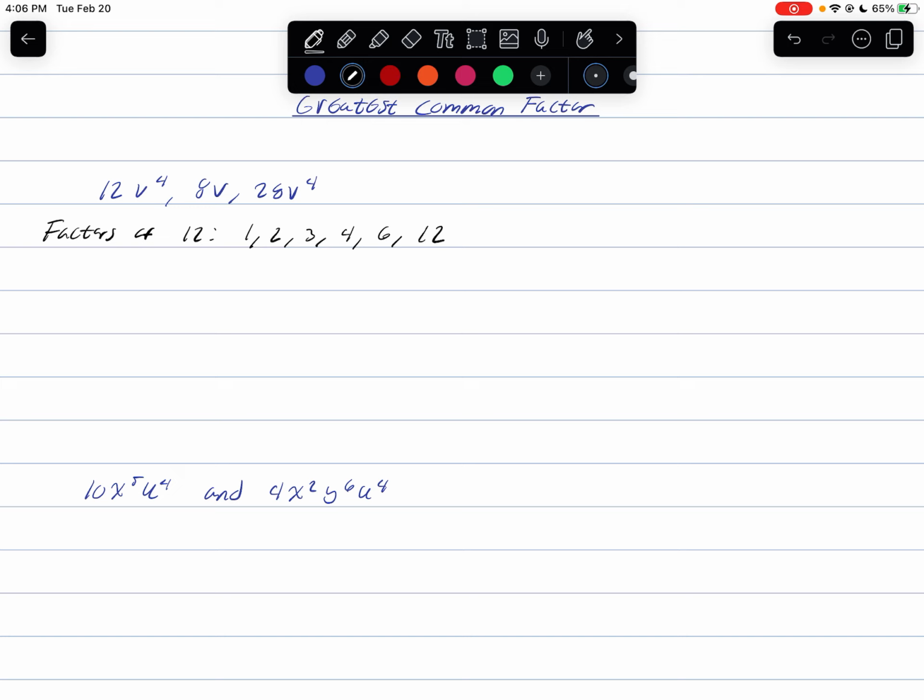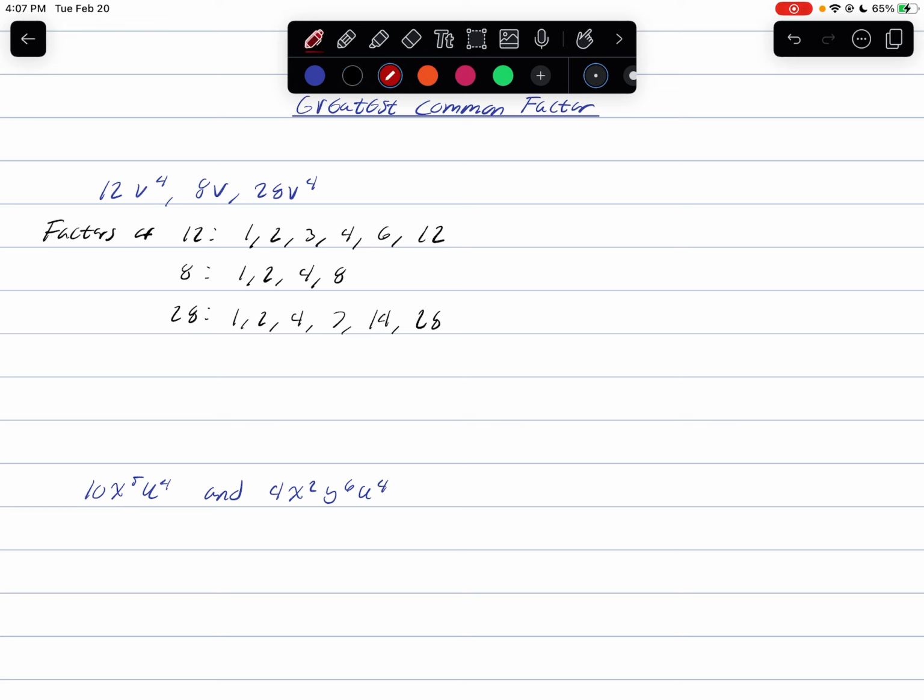Our factors of 8 are 1, 2, 4, and 8. And our factors of 28 are 1, 2, 4, 7, 14, and 28. The idea here is we're going to see if we can find the greatest one that all of these have in common.